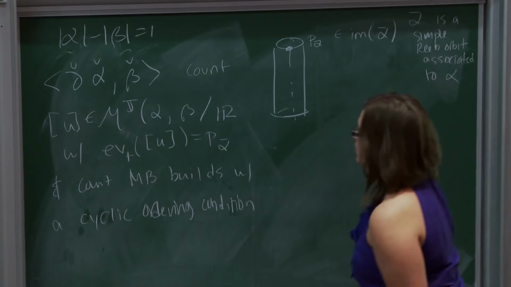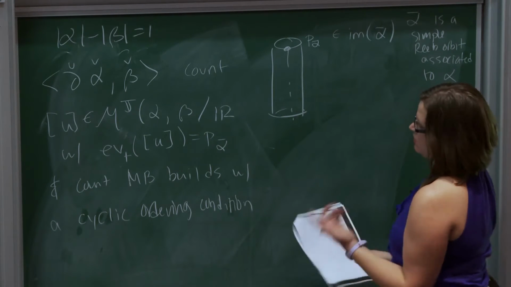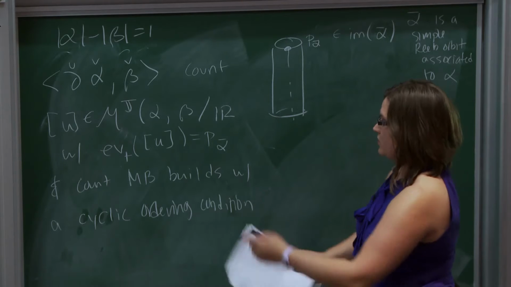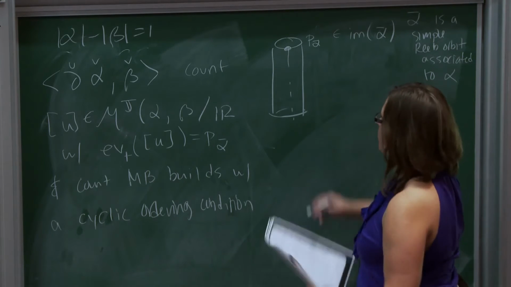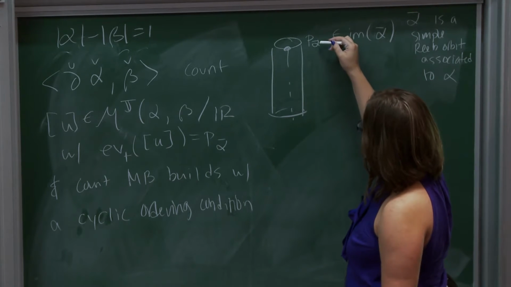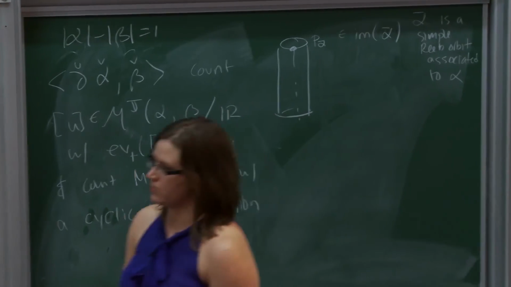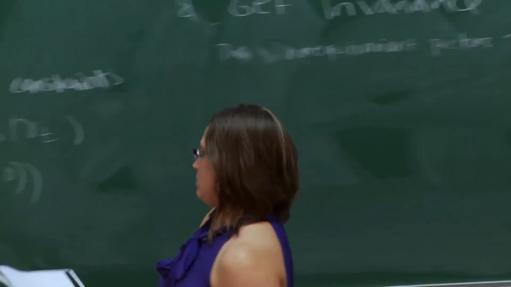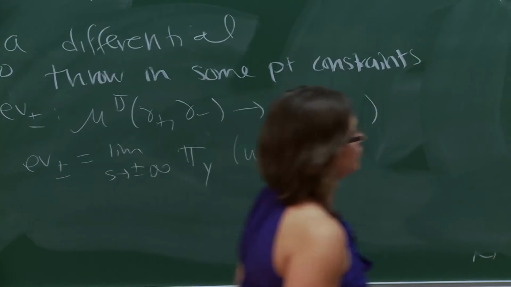So the evaluation map constraint is supposed to be this point P alpha bar, which needs to match up with pi_Y of U of S0.